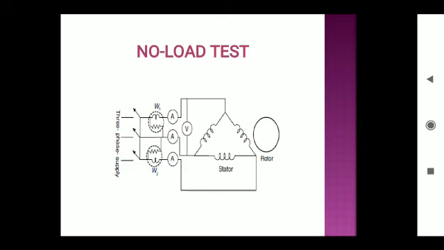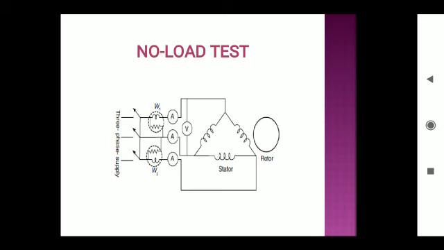Here we can see the delta connected stator, which is connected to a three-phase supply, and three ammeters are connected with each phase, which are measuring the line current, and the voltmeter, which is measuring the line voltage.